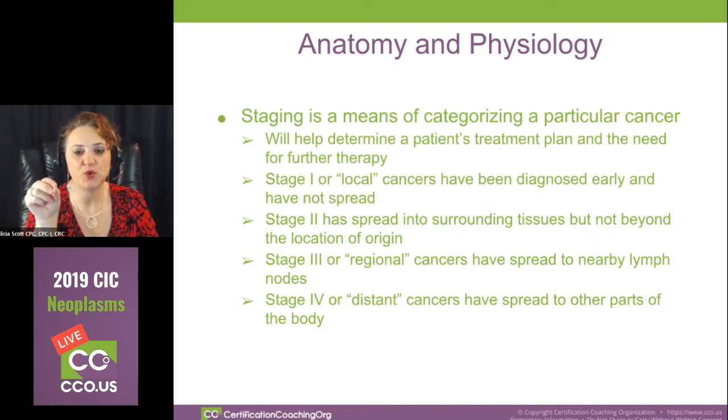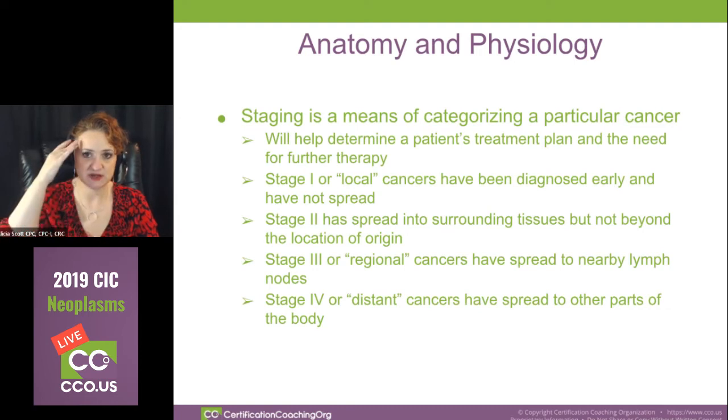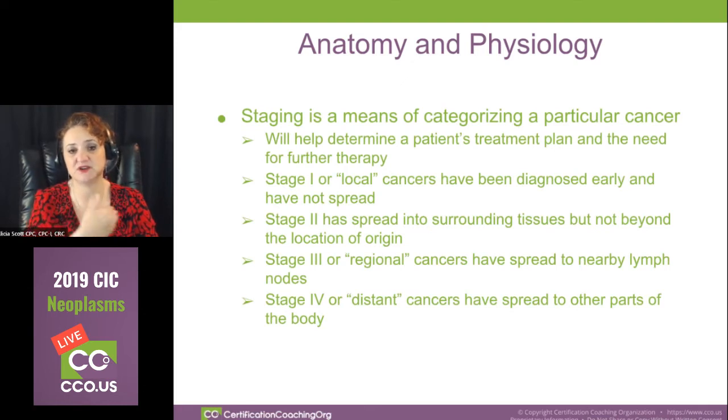If you have stage 4, that means the cancer has spread to other parts of the body. Say Mrs. Brown has lung cancer and it's spread to the brain. If they checked the lymph nodes around the lung, they would most likely find cancer cells in the lymph nodes because they found it in the brain.